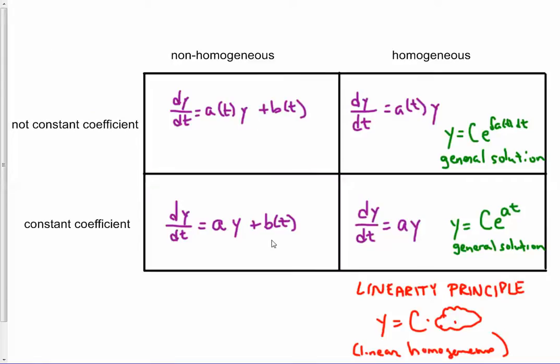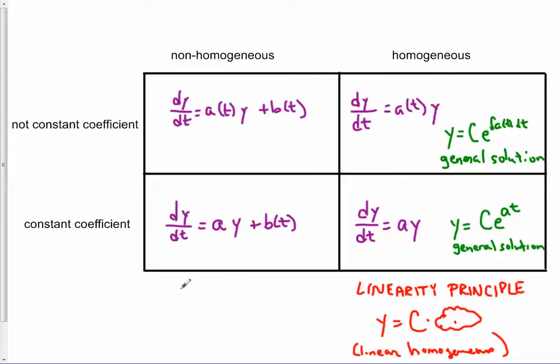Now, if we return to our table and we look at the left column, where we're not homogeneous, where we have the plus b of t, well, we're in a little bit of trouble here at first because we are not separable. Right? The plus b of t is messing that up. You don't have t stuff times y stuff in that way so that you can separate them.